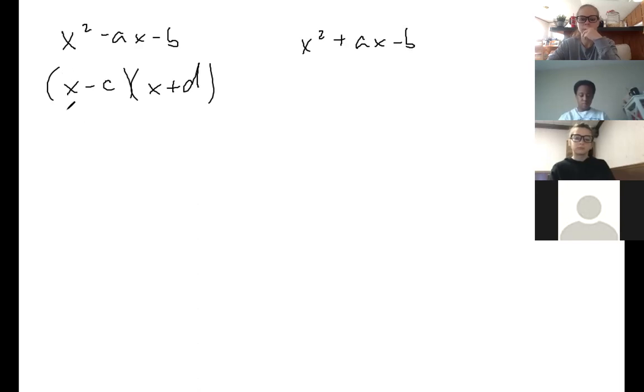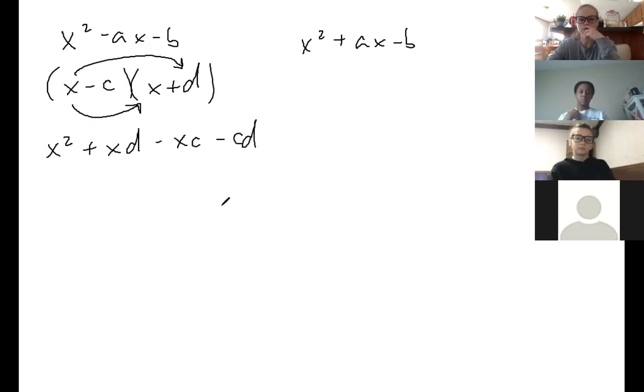Well, let's see how this worked. When I foiled this, it should be x squared plus xd minus xc minus cd. This one's a little confusing. The only thing that changes is the sign.